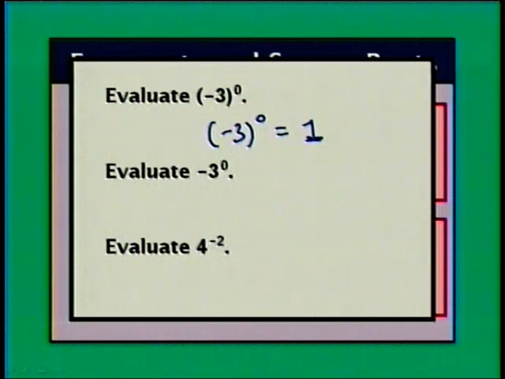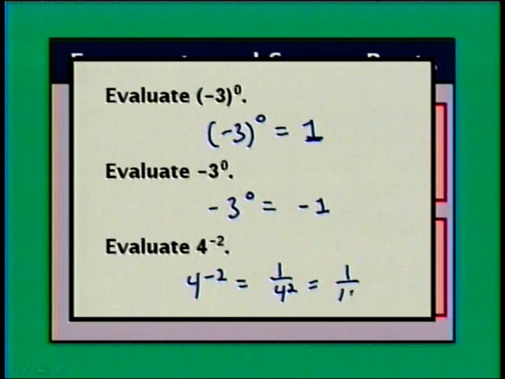In order of operations, the exponent is applied before the negation. So all that's being raised to the 0 power is 3. 3 to the 0 power is 1, and we need to take the opposite of that. So the opposite of 3 to the 0 power is negative 1. 4 raised to the negative 2 power is 1 over 4 squared, which is 1/16.